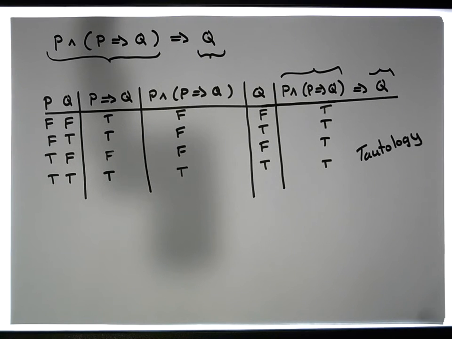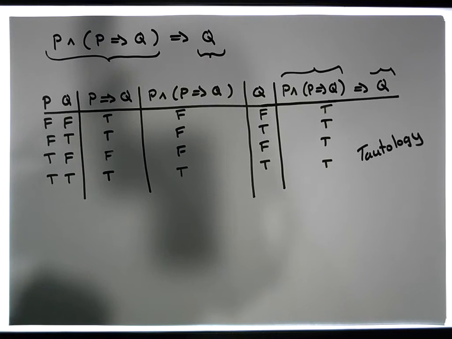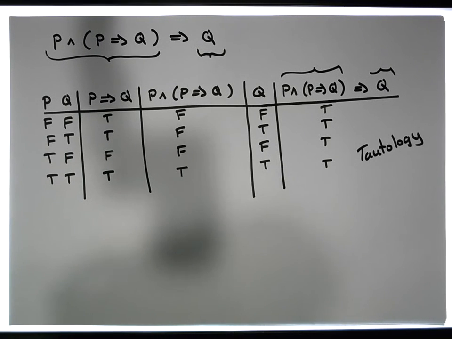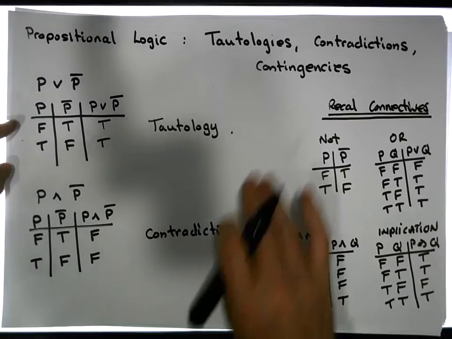I suppose we could move on and do something more complicated, such as an example of a contradiction, but I think this covers it for us at this stage in relation to what a tautology, a contradiction and a contingency are.